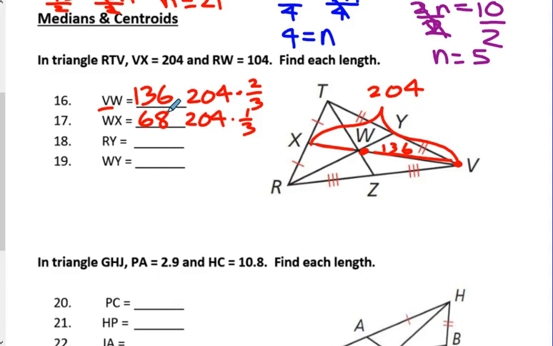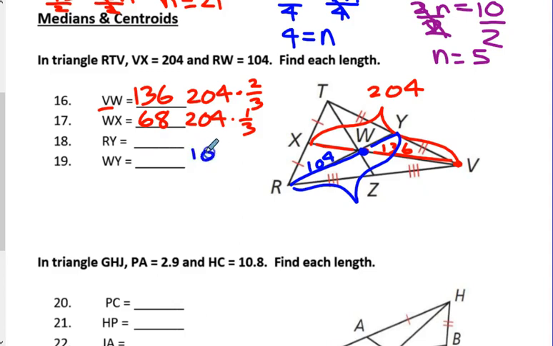Either way. Now for RY, we know RW is 104. We know the big part is 104. I'm looking for RY, the whole thing. Well, I can't find the whole thing unless I know the small part. So remember, to get from the big part to the small part, we're going to do 104 divided by 2, and that's going to give me 52 for the small part.